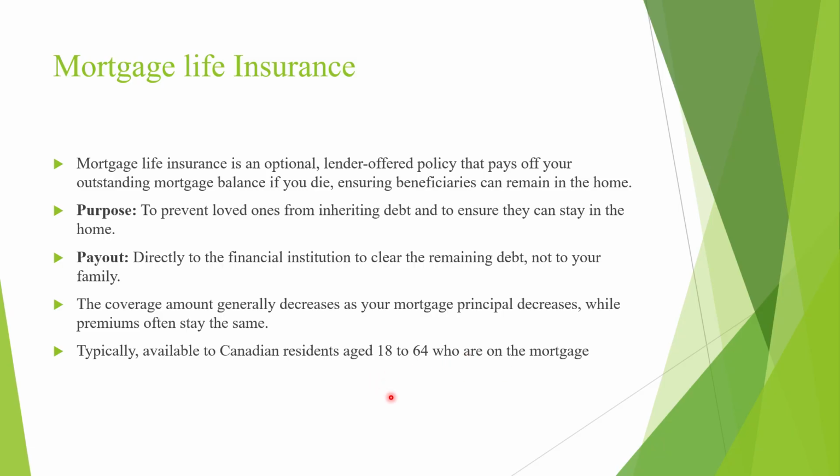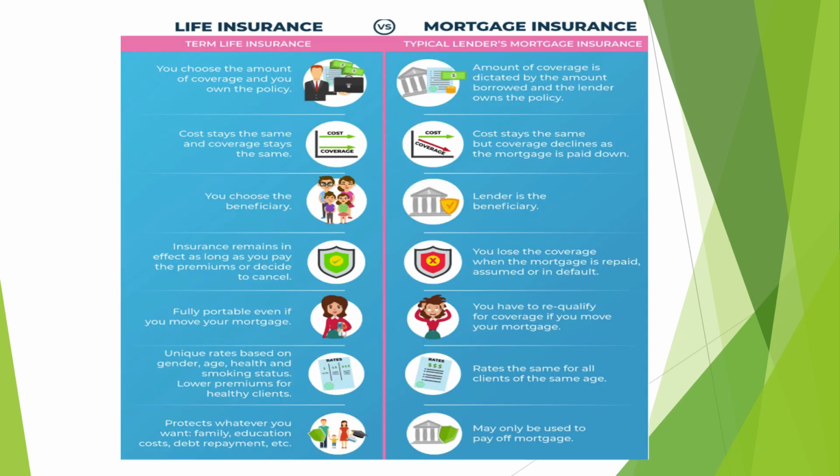Parents also sometimes buy life insurance for their children. You can buy life insurance at any age, but for mortgage insurance the age limits are 18 to 64.